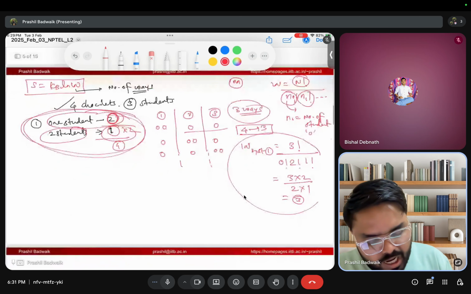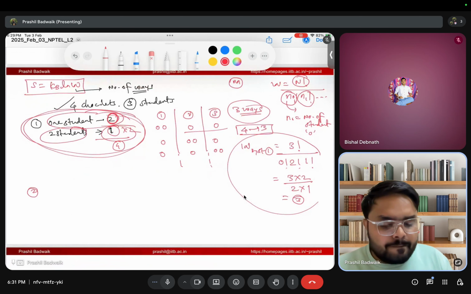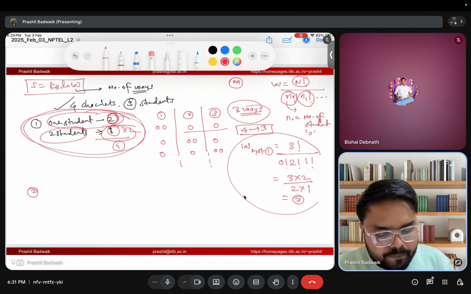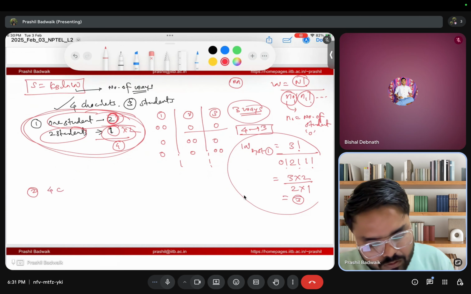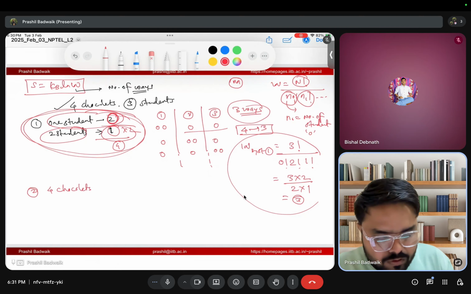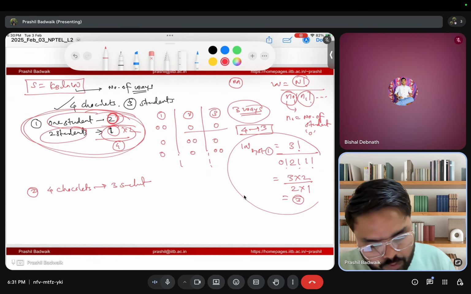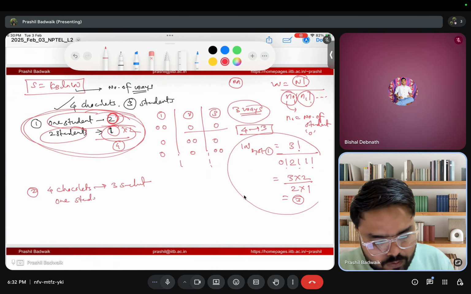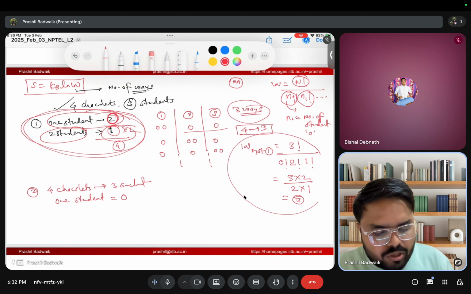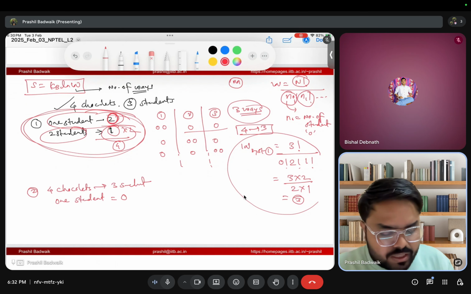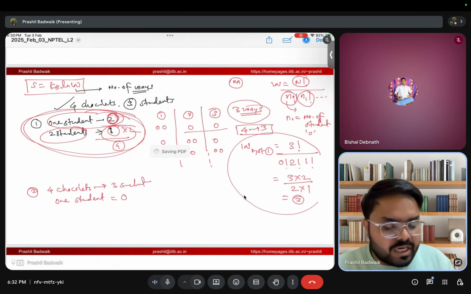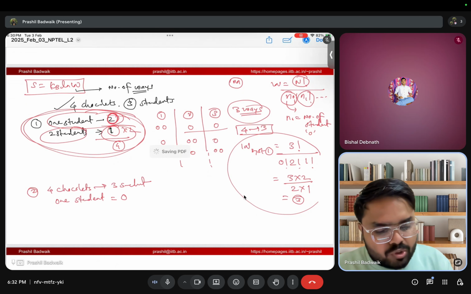Similarly, can we have something else? I want 4 chocolates to be distributed among 3 students, such that one student will get 0 chocolates, correct? And if one student gets 0 chocolates, then I can distribute 2 2 or 3 1, right?